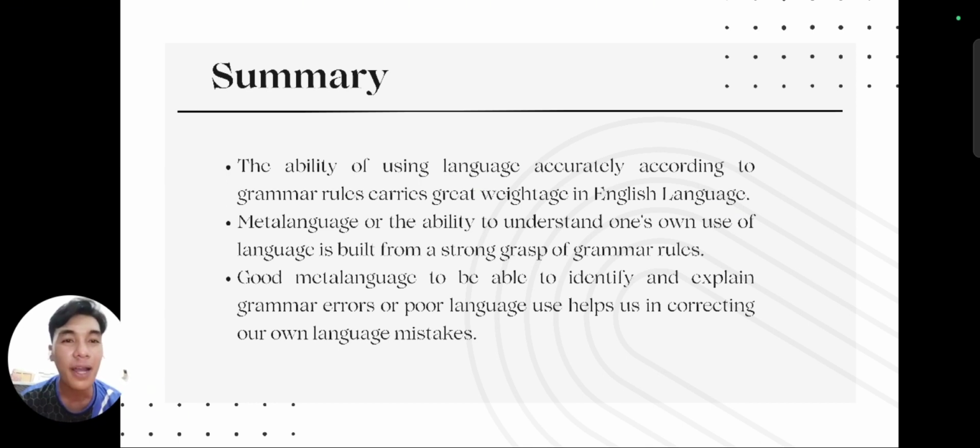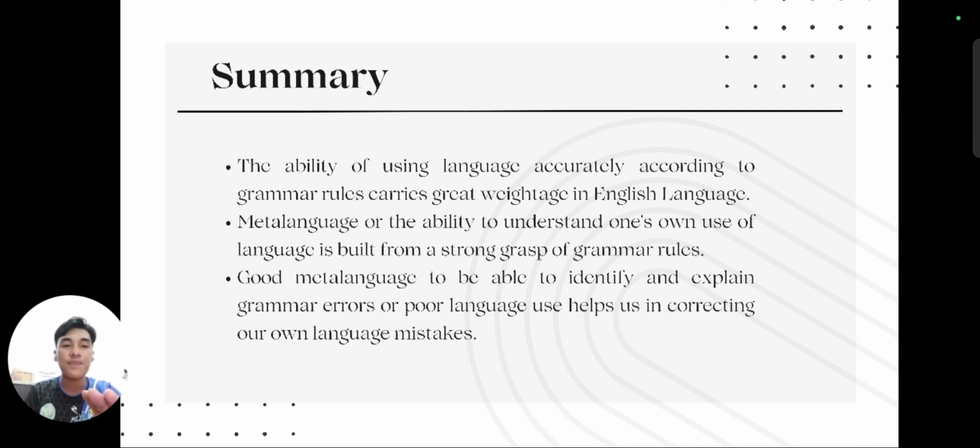To summarize it all, the ability of using language accurately according to grammar rules carries great weight in the English language. So metalanguage plays an essential role in learning the language, especially for intermediate or beginner learners. Metalanguage, or the ability to understand one's own use of language, is built from a strong grasp of grammar rules.